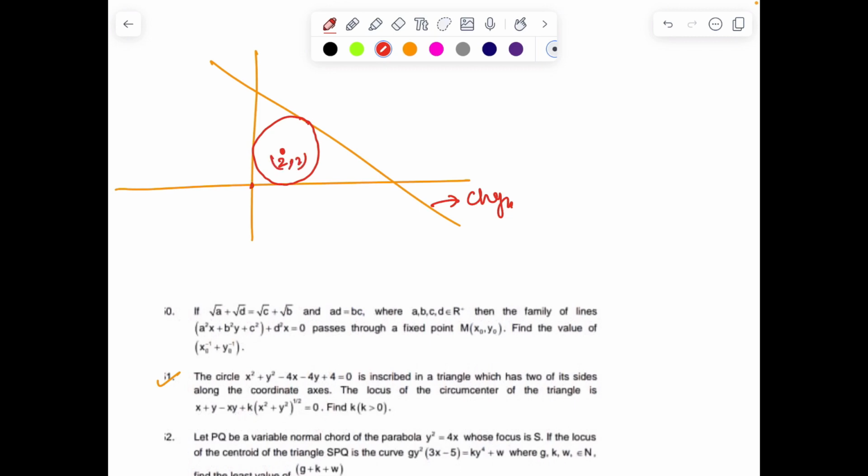Clearly the circumcenter of OAB is going to be the midpoint of the hypotenuse. Angle O is 90. So let it be H, K. Since it's H, K, OA length is going to be 2H and OB 2K by midpoint.